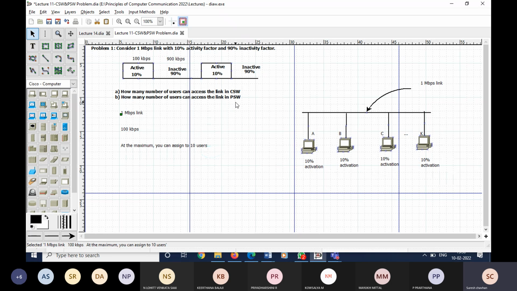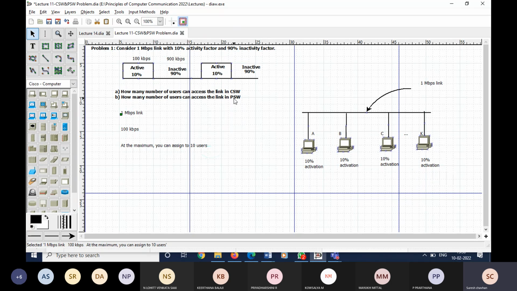What about packet switching? In circuit switching, it is dedicated. So this 100 kbps cannot be used by other devices, or B's 100 kbps cannot be used by the others, even though A doesn't have any data. That's the wastage. In order to solve this problem, we went to the packet switching technique.